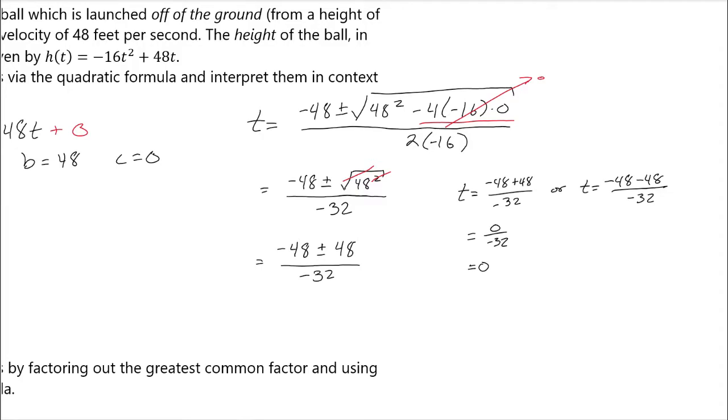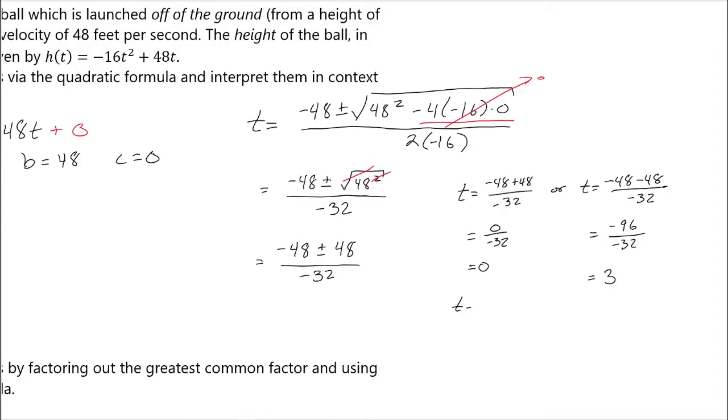So t equals 0 is one of our values here. For the second one, t equals negative 48 minus 48 over negative 32. The top is going to be, well, negative 50 and negative 50 would be negative 100, but we're 4 shy of that, so this is negative 96 over negative 32. And that's nice because 96 is exactly 3 times 32, so this equals 3.